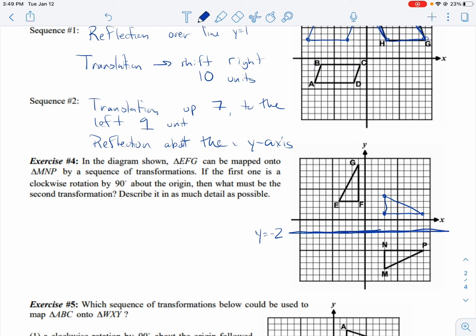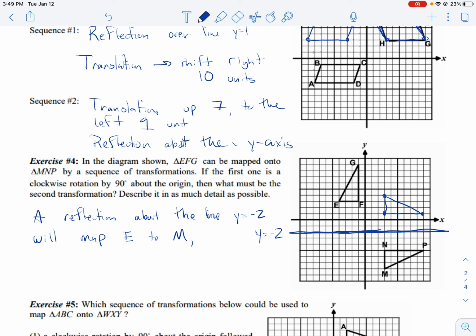So describe it in as much detail. Okay, a reflection about the line y equals -2 will map, okay, map what?